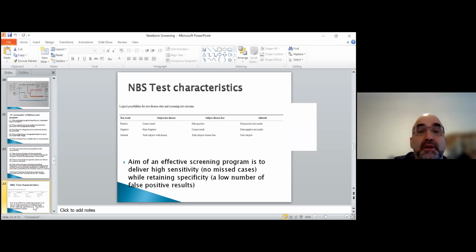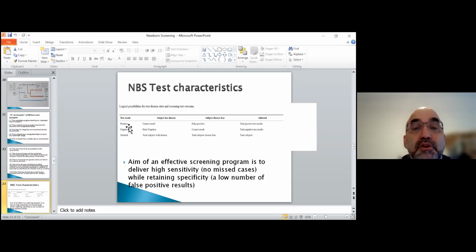You may remember from your epidemiologic studies that for any test that we do, we can have false positive, true positive, false negative, and then comes the sensitivity and specificity of the test. For an outcome of a newborn screening test, it is the same.